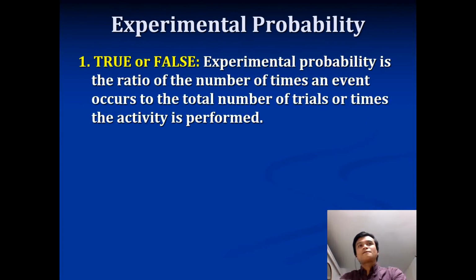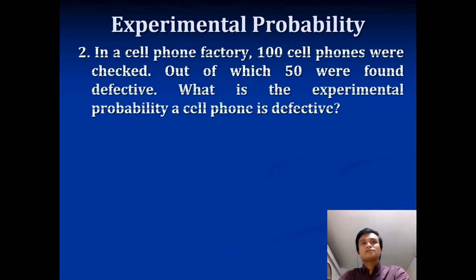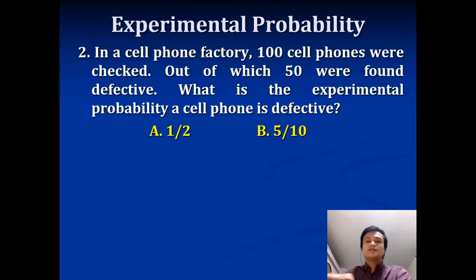Number 1, true or false? Experimental probability is the ratio of the number of times an event occurs to the total number of trials or times the activity is performed. True or false? Okay, what is your answer? Okay, later on, we will answer that.